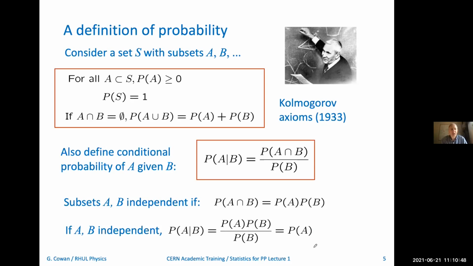But it wasn't, in fact, until the 20th century, until Kolmogorov wrote down a definition of probability based on a certain number of axioms in the language of probability theory.